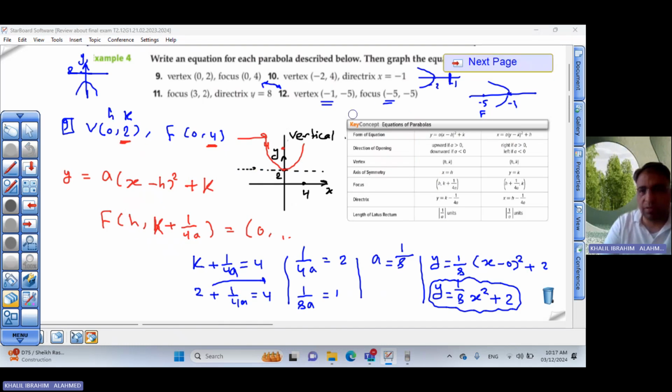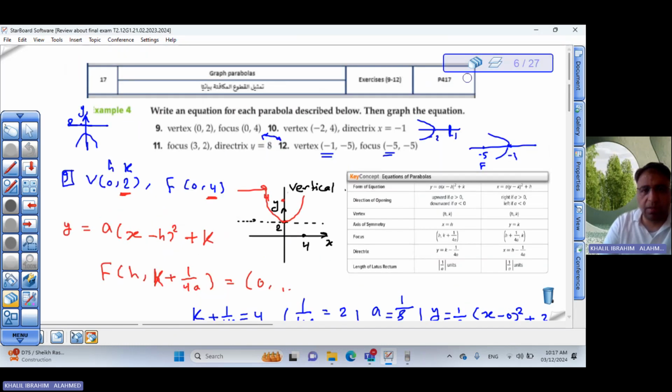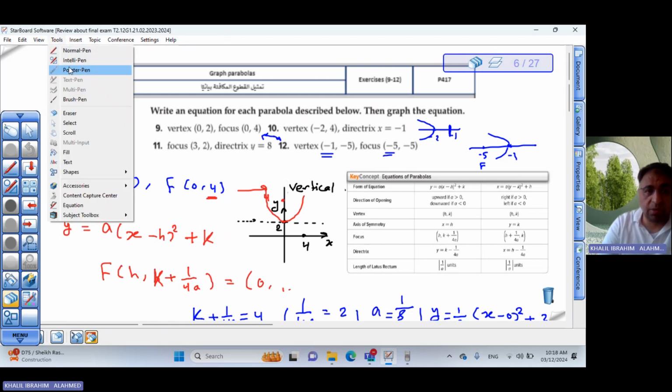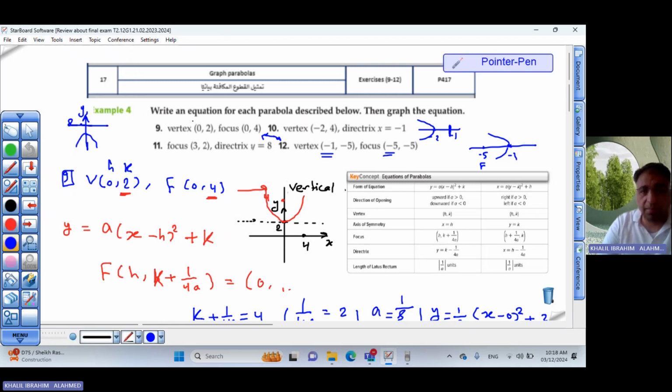Let's move to the next example, as you see here. Question 17: Write the equation for each parabola described below, then graph the equation. I will select question 9. In question 9, the vertex is 0,2 and the focus is 0,4. Good.